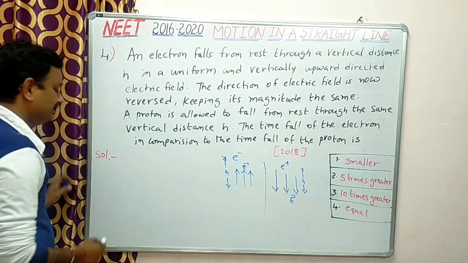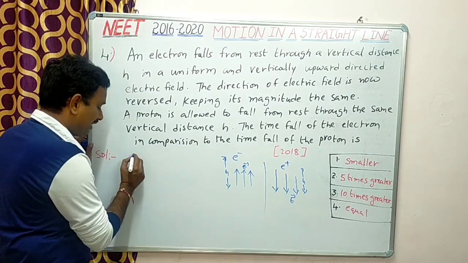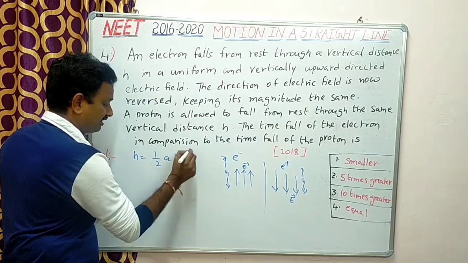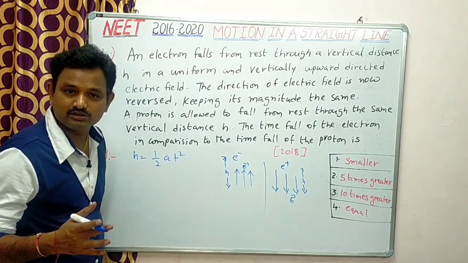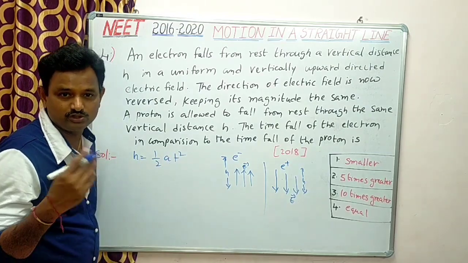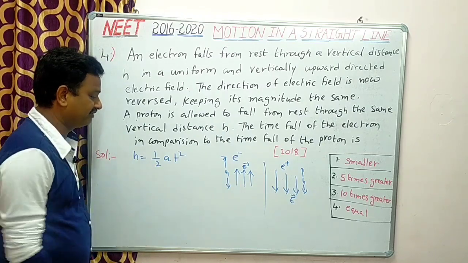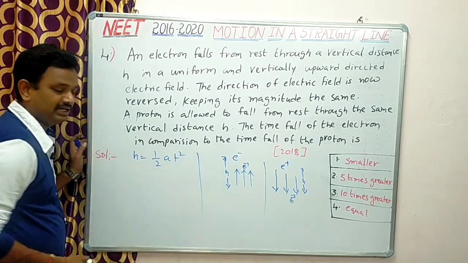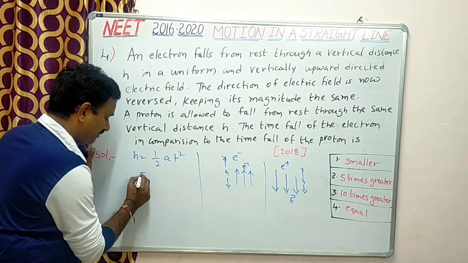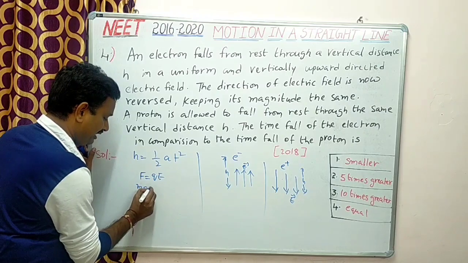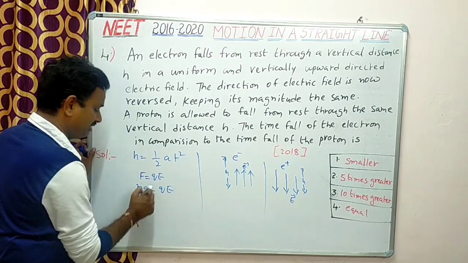Look at here. See, I will apply the formula h is equal to half at square. Here both start from rest, so u is 0. That's why I will write h equal to half at square. So here I will calculate a. See, from F equal to qE, I can write ma equal to q into E. F means ma.